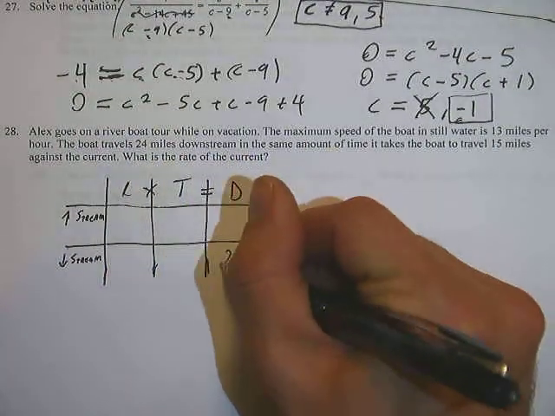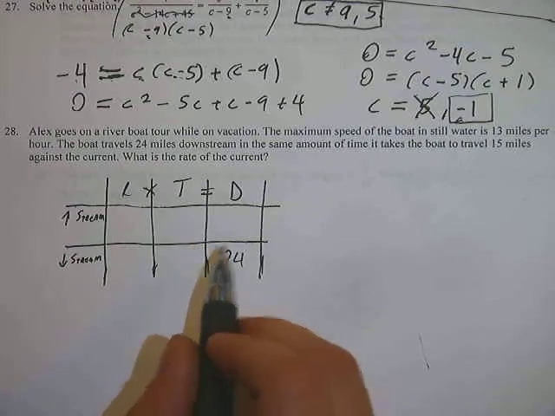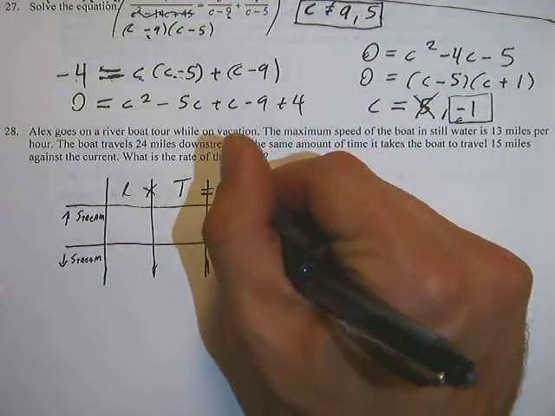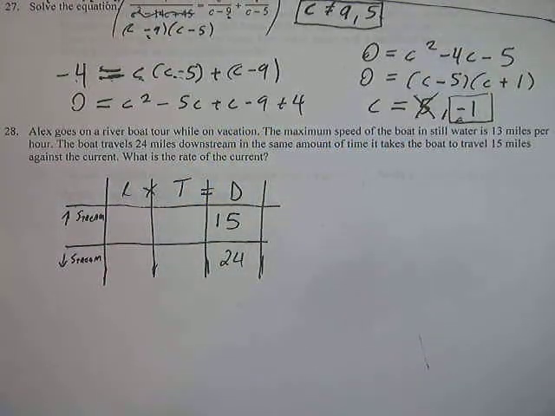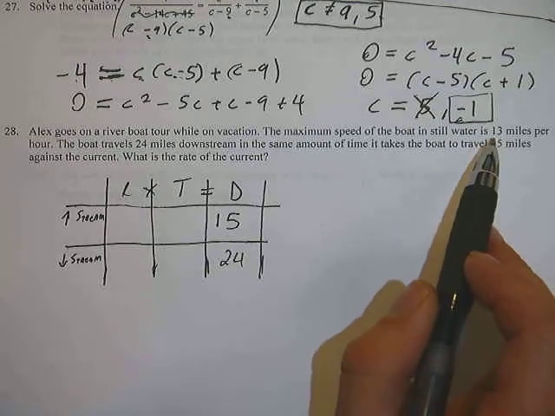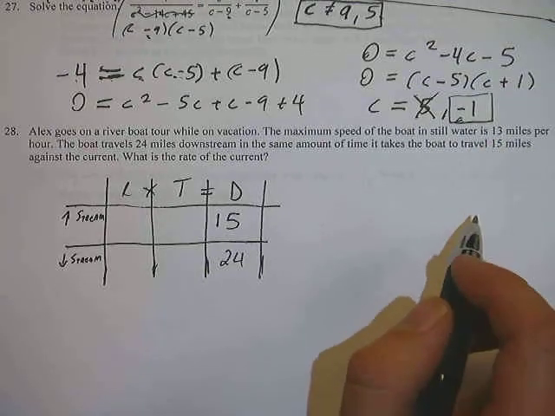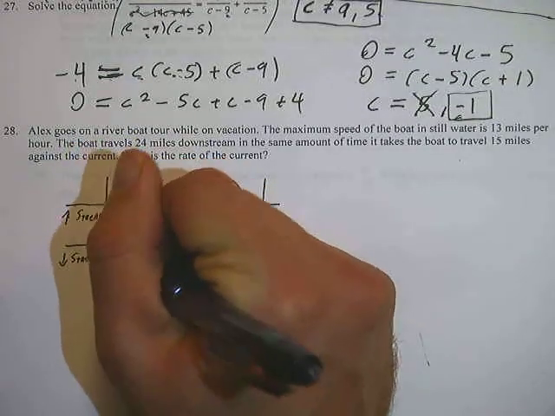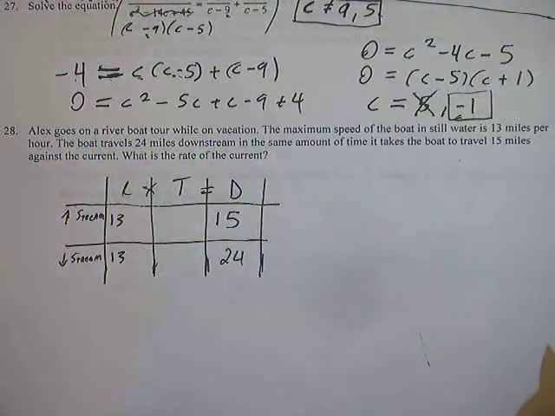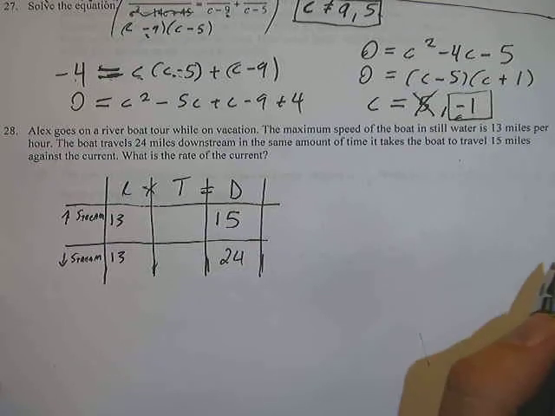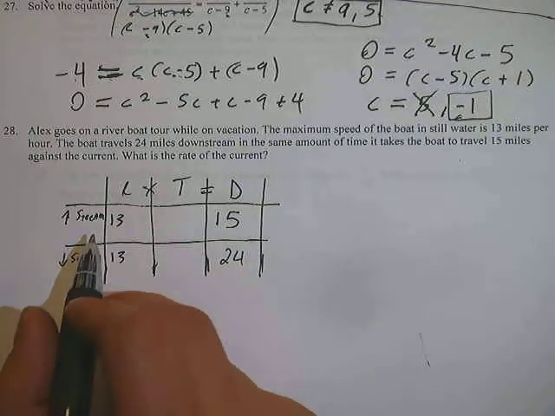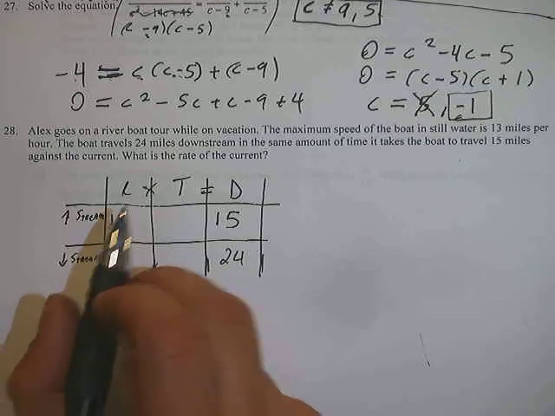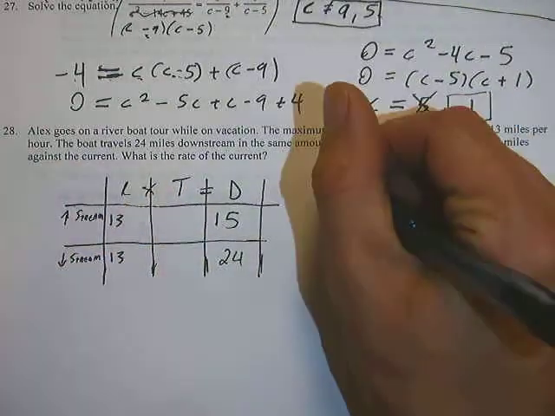So I'm going to do upstream up here, which is against the current, and downstream here, which is with the current. The boat travels 24 miles downstream in the same amount of time it takes the boat to travel 15 miles upstream. And it says the maximum speed of the boat in still water is 13 miles per hour. So let's assume that it's going the maximum speed of 13.